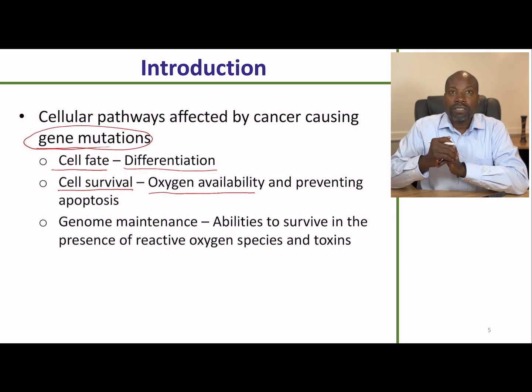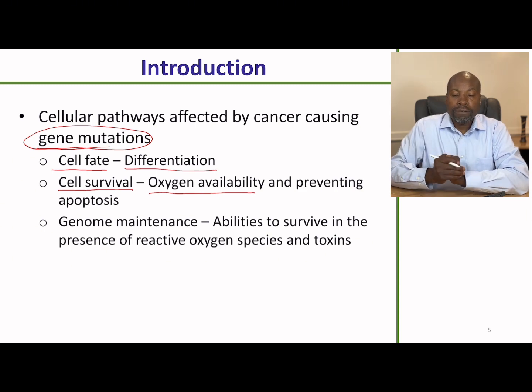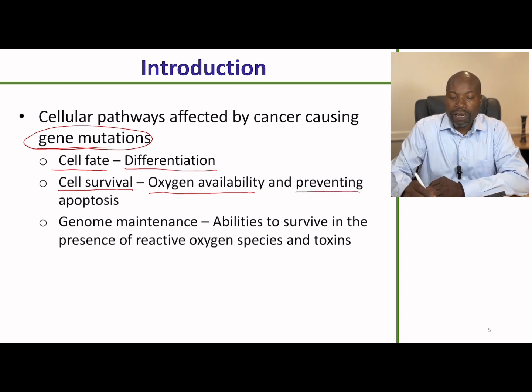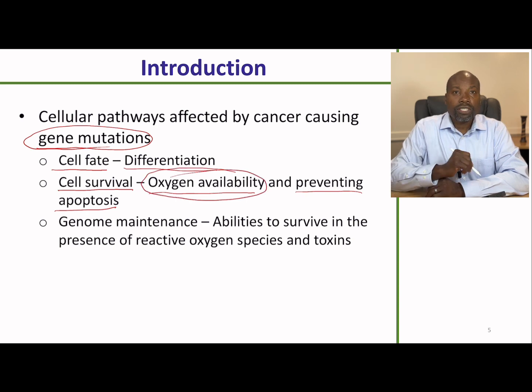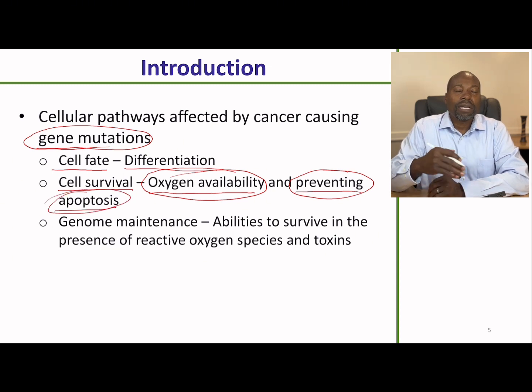But if oxygen is not available, the cells are not going to multiply, right? Well, actually, no, I'm sorry. With oxygen being brought in and apoptosis being prevented, cells will keep multiplying. Remember, apoptosis is programmed cell death.